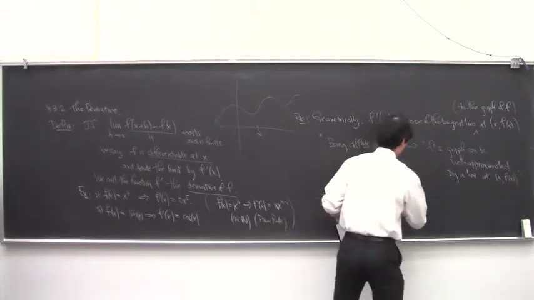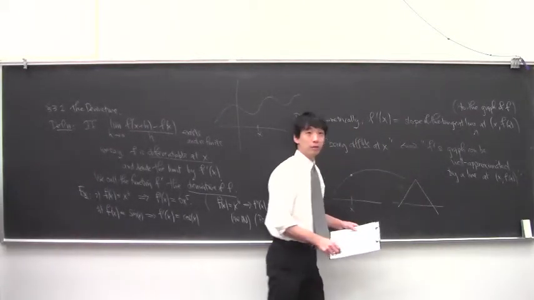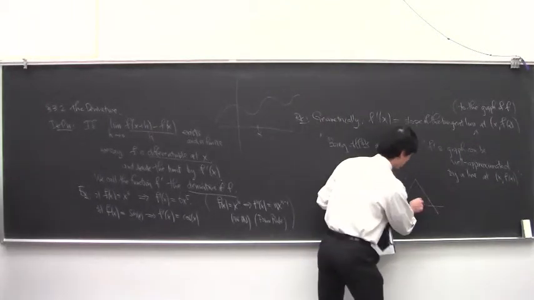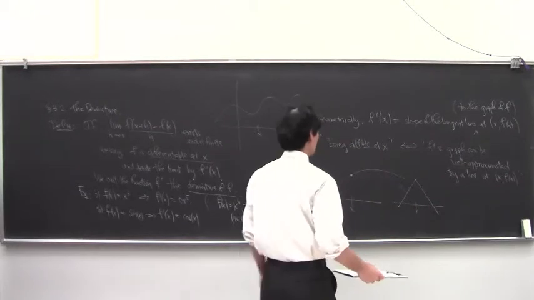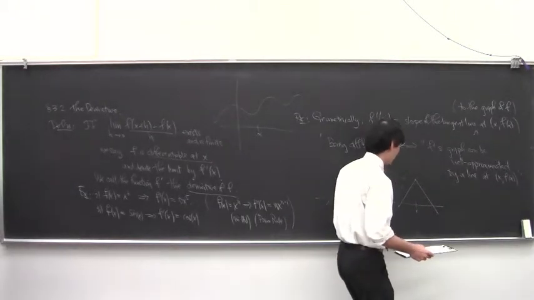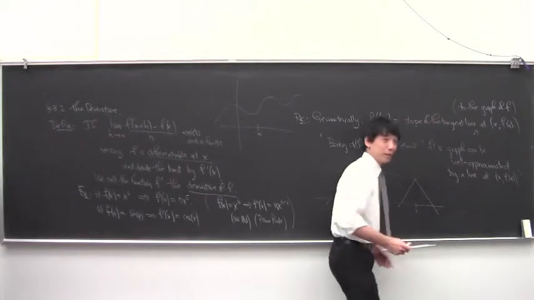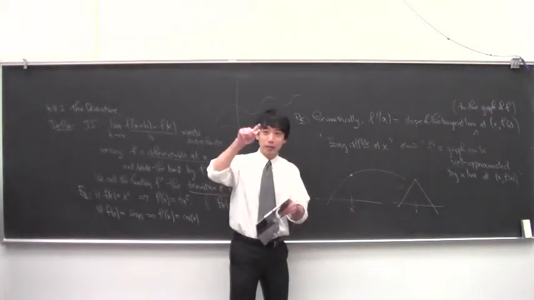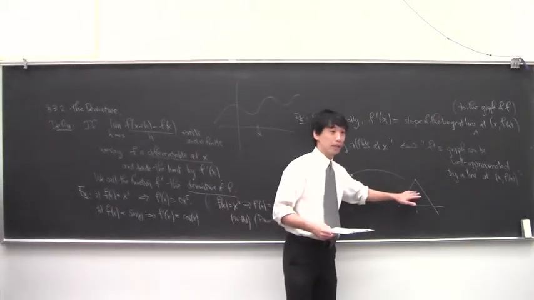Whereas for a function that has a point like this, if I look at that point, from a distance it doesn't look like a line, and so I'm going to zoom in on it. It still doesn't look like a line, no matter how far in I go. It still has this angle to it. This we saw last time.